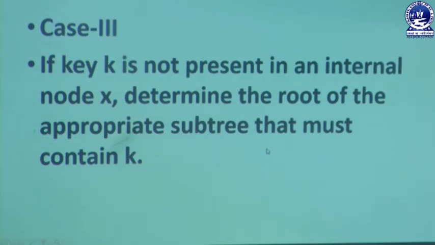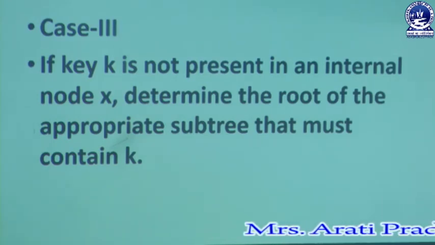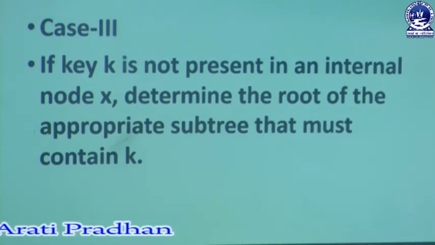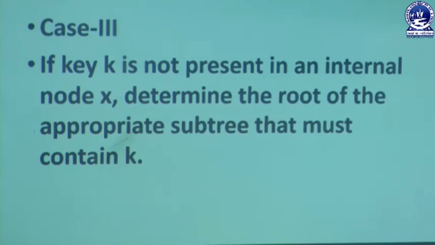Now we will discuss the last case, that is, if key k is not present in an internal node x, determine the root of the appropriate subtree that must contain k. Actually, till now we have discussed all the different cases: if the key is present at the leaf node, and if the key is present in an internal node.